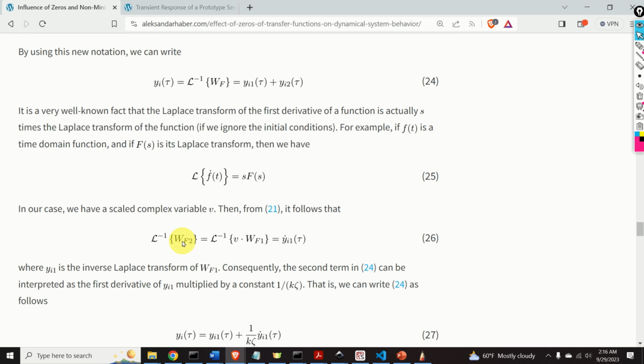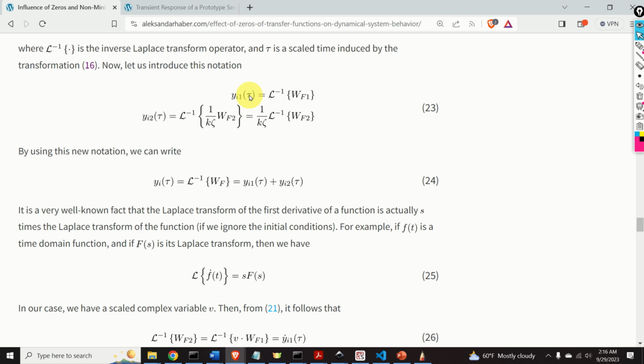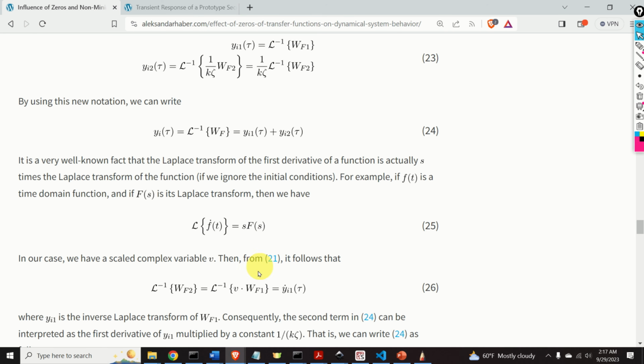The inverse Laplace transform of wf2 is the inverse Laplace transform of v times wf1, and that's precisely yi1 of tau dot. We have here yi1 of tau because the inverse Laplace transform of wf1 is defined like this, and consequently we use this rule to obtain this expression.